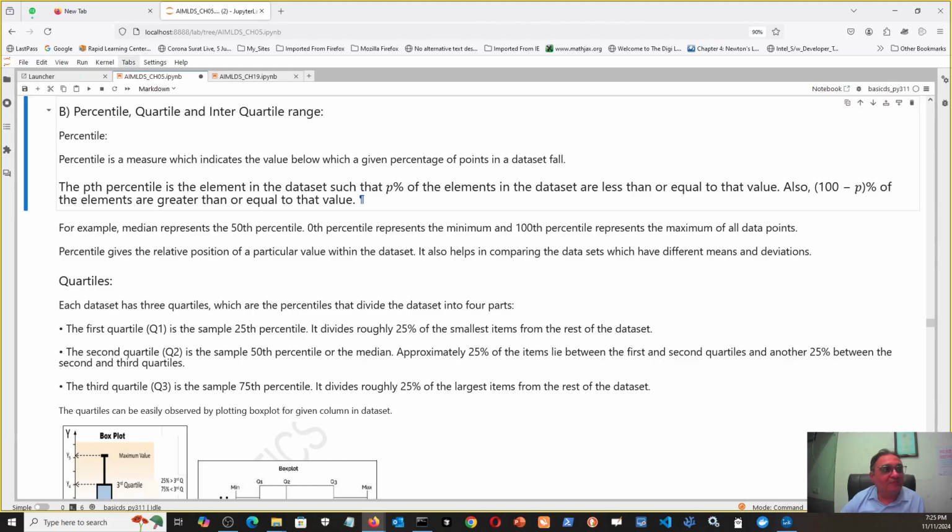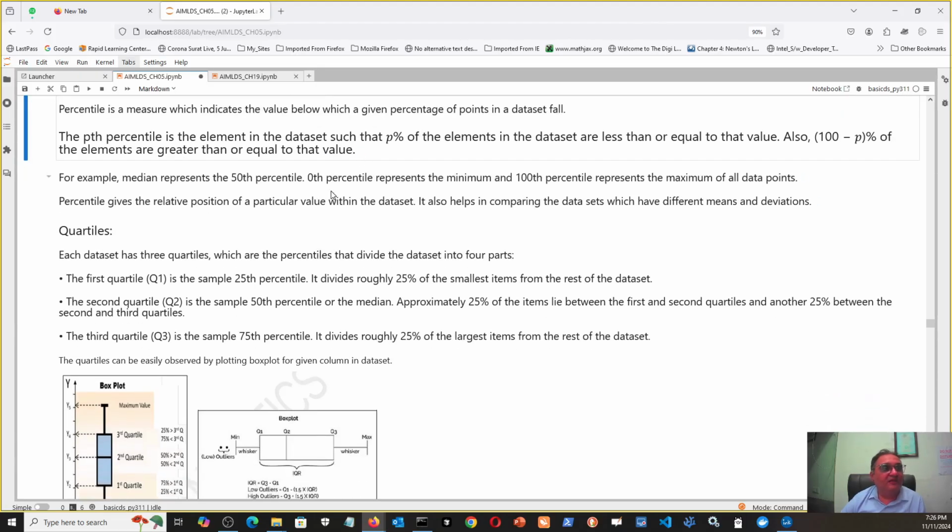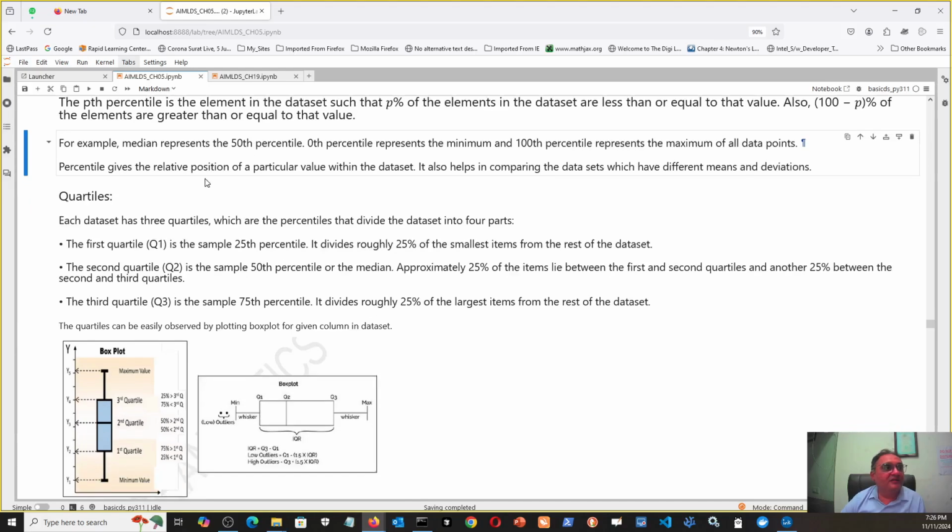Similarly, 30th percentile is that element in the data set such that 30% of the elements are below that particular element, and 100 minus 30, that is 70% of the elements are above that particular value. Okay, fine.